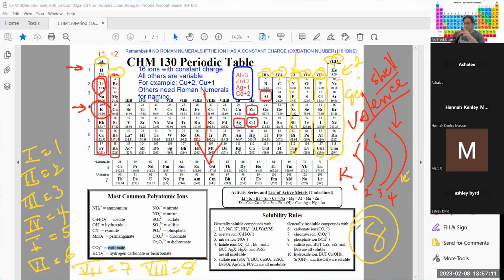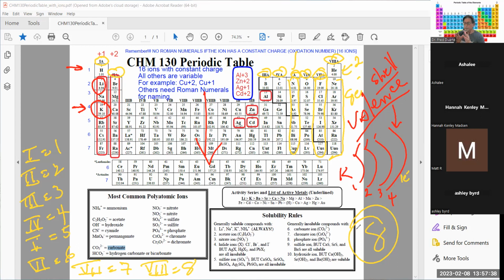That magical 8 where you got 8 electrons around the outermost shell. It's difficult, I shouldn't say impossible, but it takes a lot of energy to remove an electron from that outermost shell that has 8. At the same time, you can't really add electrons because there's no more room. 8 is the maximum you can occupy. So it needs to go up to the next energy level, which is from an energy perspective, not very favorable.